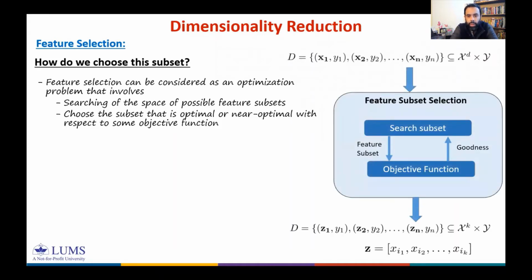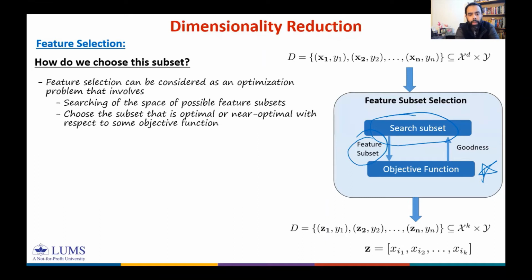So if I show this with the help of this diagram, this is feature selection based reduction. We take all the input features, right? And then we form this search subset, so we search different subsets from this feature set. And this feature subset is used to evaluate some objective function, that is maximizing classification performance, or minimizing loss, or maximizing accuracy of a classifier, and so on and so forth.